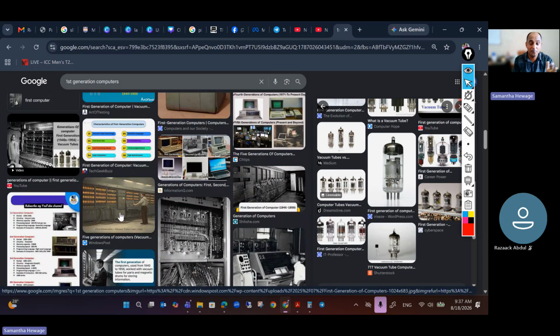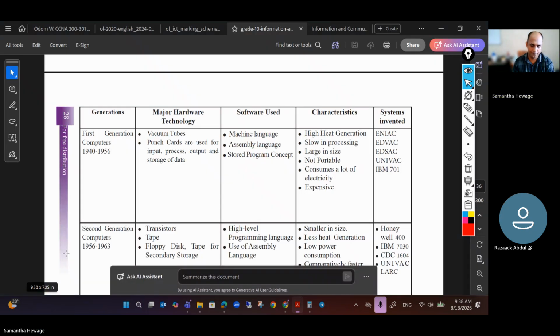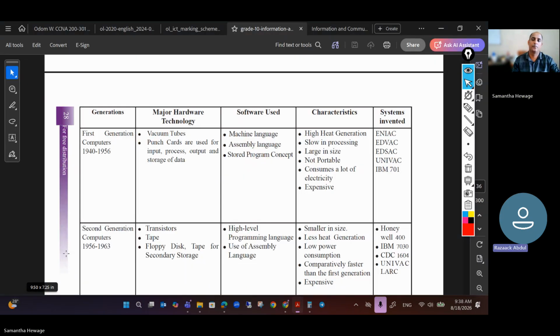Because of the heavy and big size of the computers, what do you think about the power? Do we need more power or less power? They need more power, yes, we should provide more power. When you provide more power, there was no cooling system like today, because those technologies were introduced later.